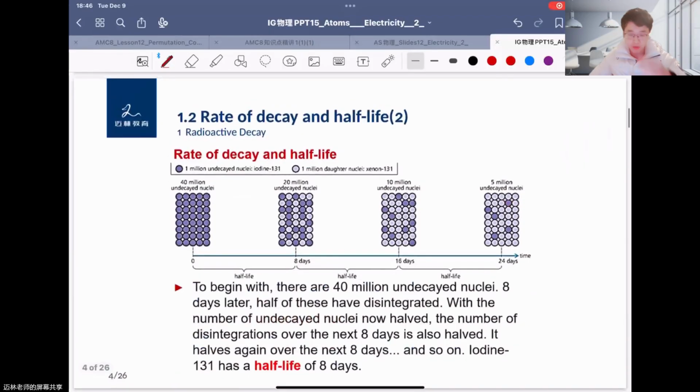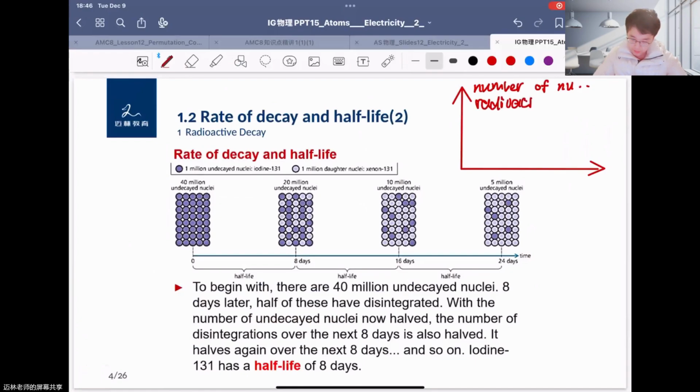So we can draw a graph for the half-life. Here, the y-axis means the total number of nuclei, or you can also say radioactivity, and the x-axis means the time taken.